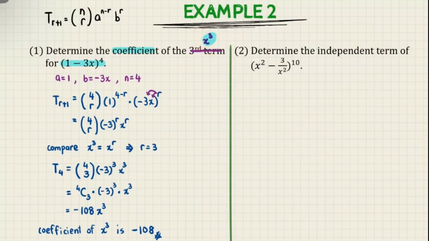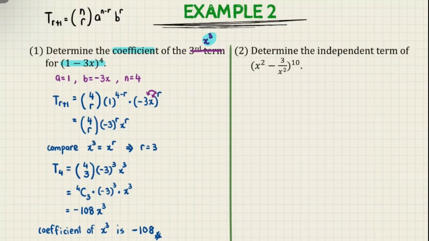Okay. So saya dah ada x cube dan di sini simplify form saya dah ada x to the power of R. So nak dapatkan R, kita kena dapatkan R dahulu baru kita boleh completekan our answer here kan. So untuk dapatkan R, saya comparekan x cube dengan x power of R. So dapatlah R equals to 3. Lepas tu baru completekan our answer. Okay, thank you. Okay, alright.